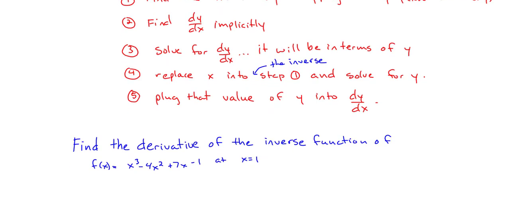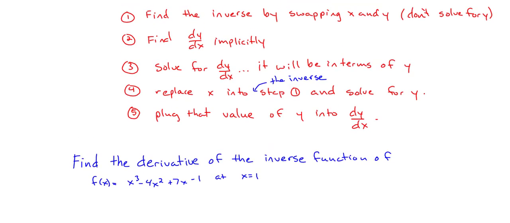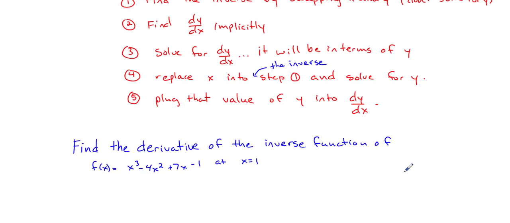All right, get your calculators ready just in case we might need them. Find the derivative. Now, sorry, you guys have this kind of written down on your paper. I'm going to have to scroll up and down a little bit for the process. Step 1. Again, we're finding the derivative of the inverse at an x value. Let's find the inverse by swapping x's and y's.